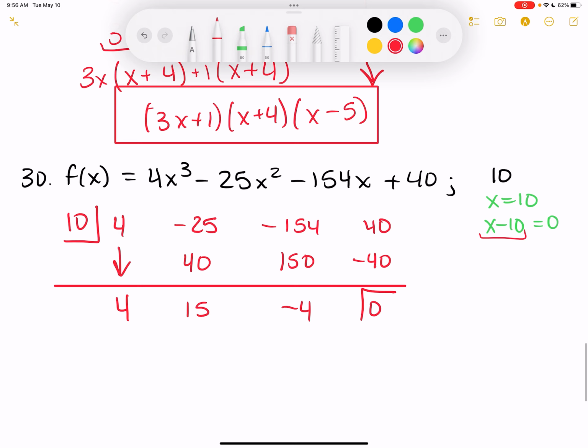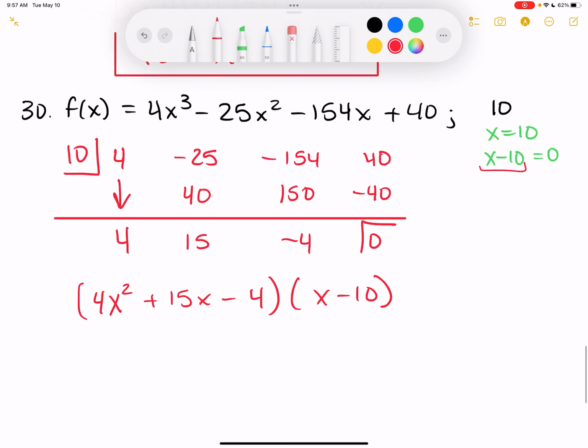So this leaves me with 4x squared plus 15x minus 4. And then I'm going to go ahead and do my x minus 10 one just so it's there. All right, so what does this factor into? I've got negative 16 factors that give me 15. 16.